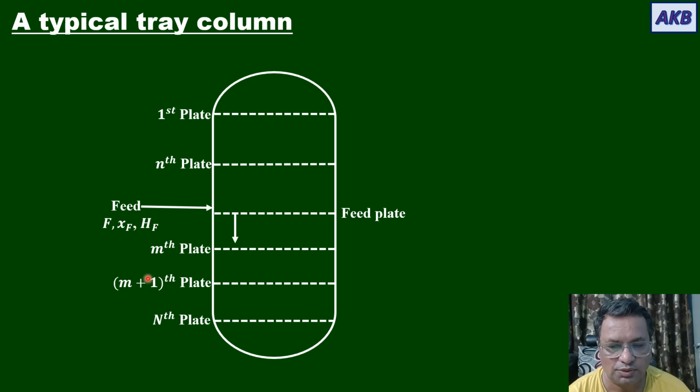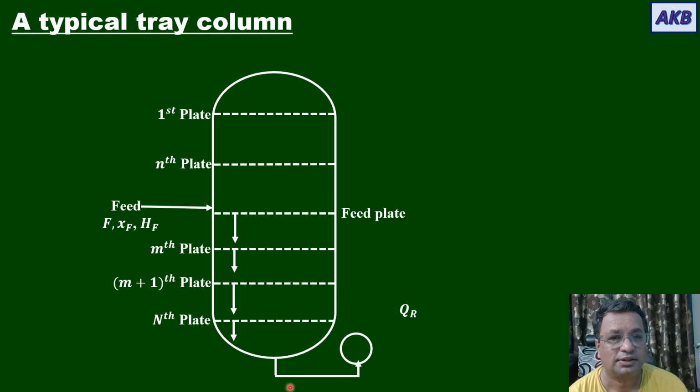Now as the feed enters, it flows down to the bottom. From the bottom it is removed and then sent to a reboiler where QR is the rate of heat input.